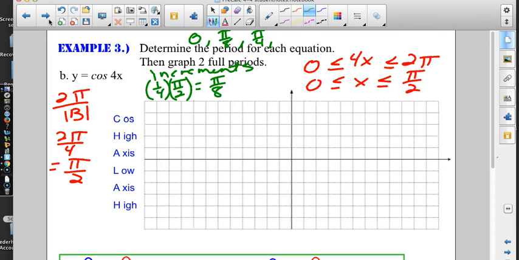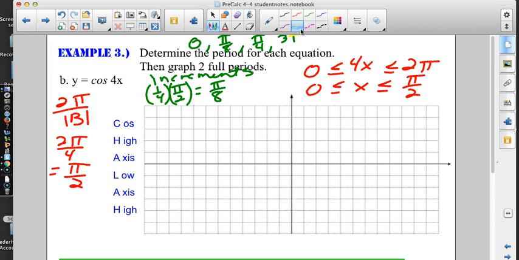All right, so we've got 1 pi over 8, 2 pi over 8, 3 pi over 8. There's no reducing we can do there. Pi over 8. That tells us we chose our increments right. Because it ends up being pi over 2. So that's what we need.